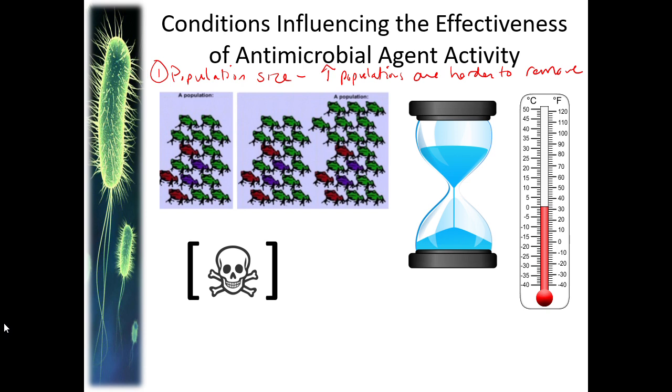Let's talk about population composition. So if you have one type of microbe, maybe you have 10,000 of one type of microbe, or if you have 10,000 of 10 different types of microbes, still a total of 10,000, which is going to be harder to remove?